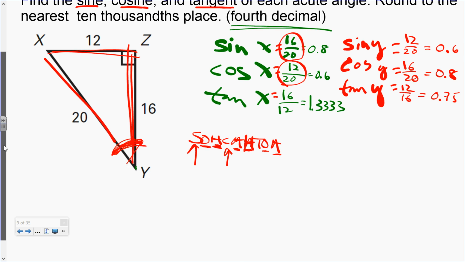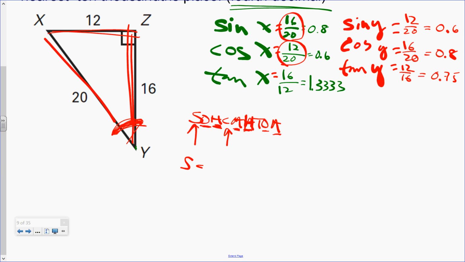Oh, okay, got you. Yeah, you just go like this. Sine equals opposite over hypotenuse, like that. Cosine equals adjacent over hypotenuse. And then tangent is equal to opposite over adjacent. There it is. So, TOA.